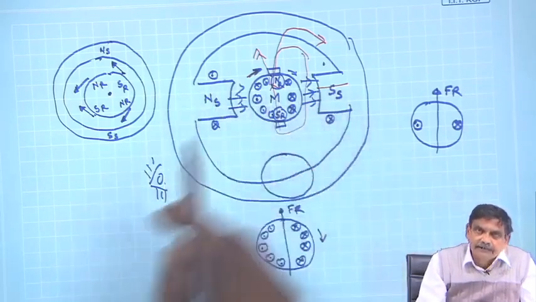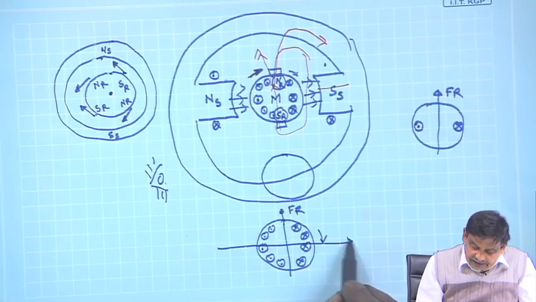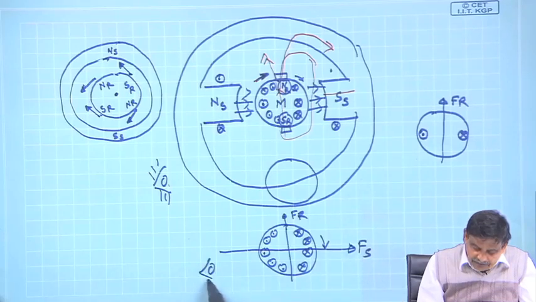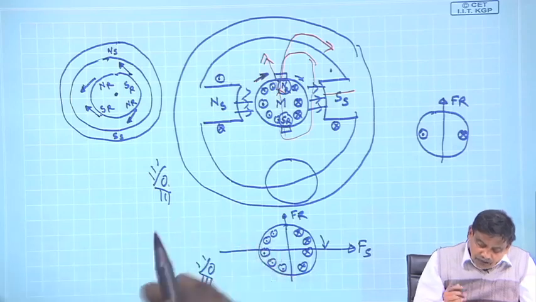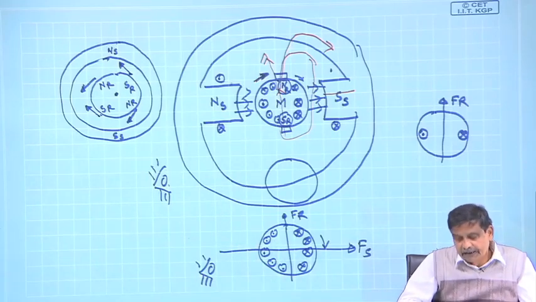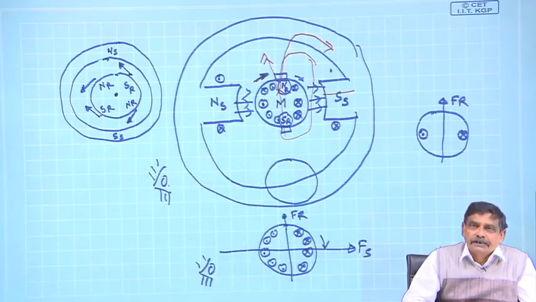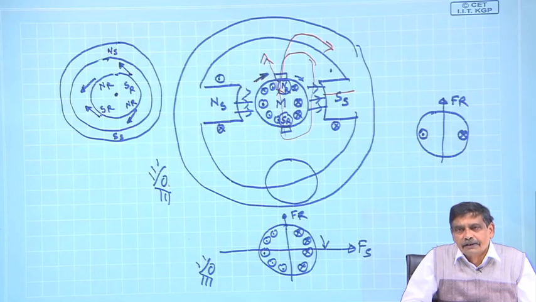The stator field is stationary, so the stator field is like this. He will observe that the stator field is stationary. Also he will observe that the rotor field is at right angles and it remains stationary no matter at what speed the machine is running.